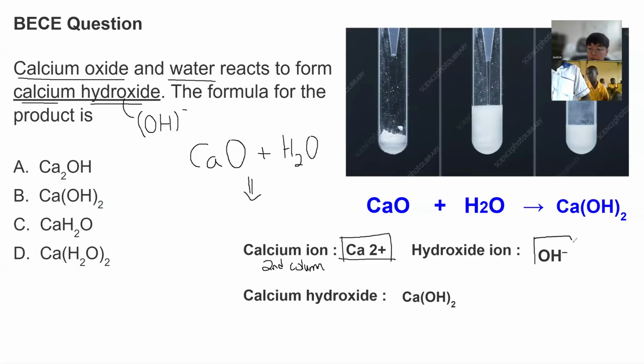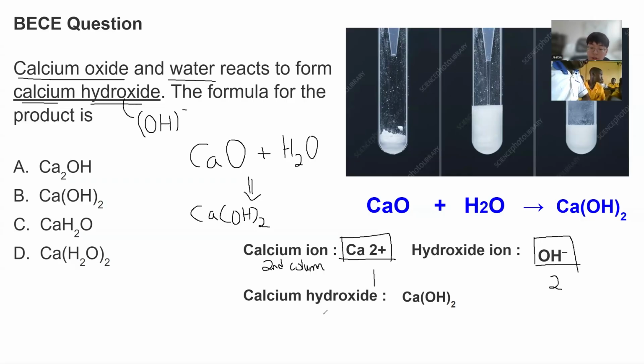Hydroxide ion, we said, was OH minus. So calcium and hydroxide ion combining to form an ionic bond has the formula CaOH2, because you need 2 minuses and 2 positives to cancel out the charges.